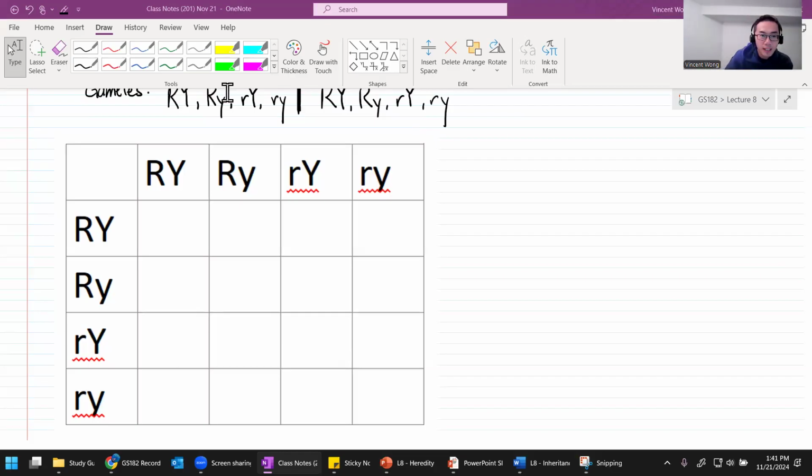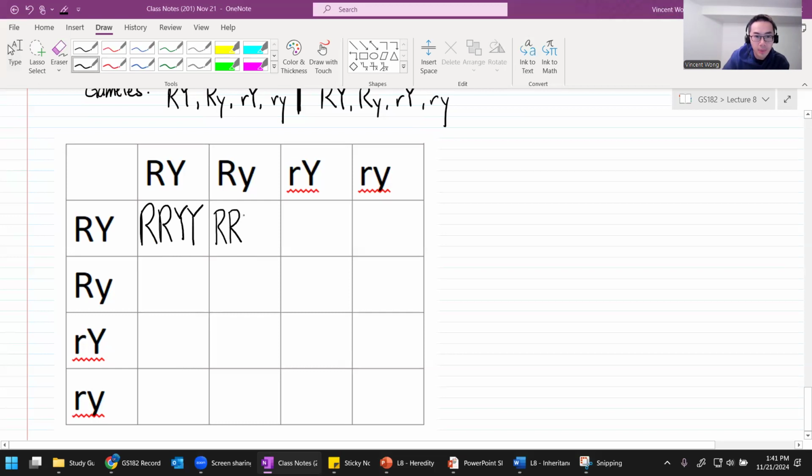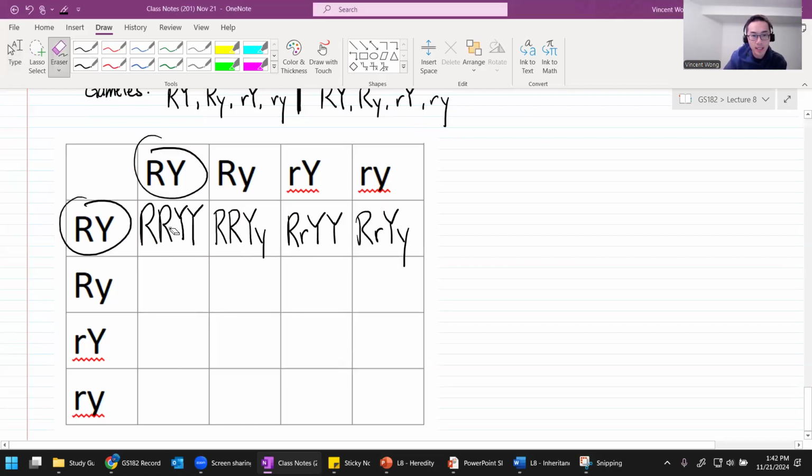Okay, so I'm going to start filling it in as well. You can check your work against mine. If you don't understand why a particular box is the way it is, please let me know and I'll explain further. But it's not too difficult. We are just combining what you see together, and the same letter has to be written together.